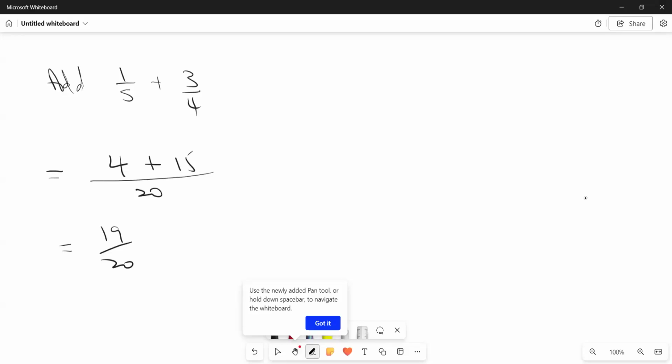And now that we're talking about that, 1/5 is the same as 4 over 20, right? You can break this down, 4 ones, 4 fives, and that's how you get that, right?